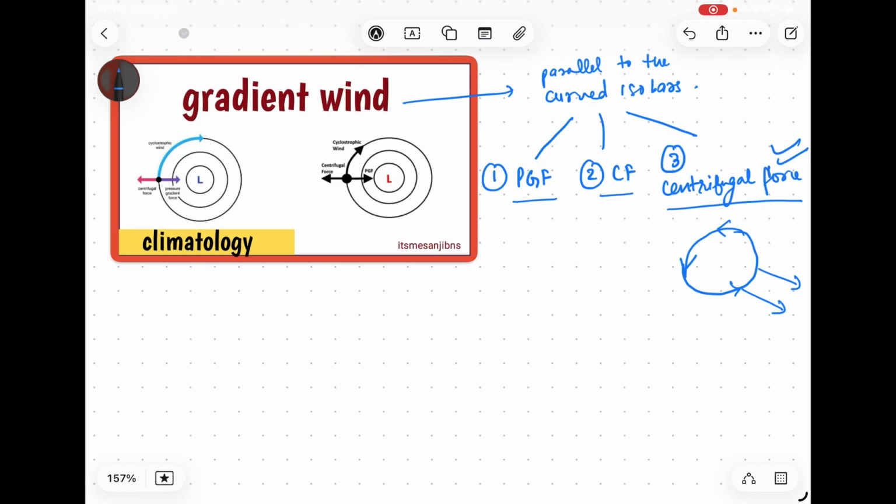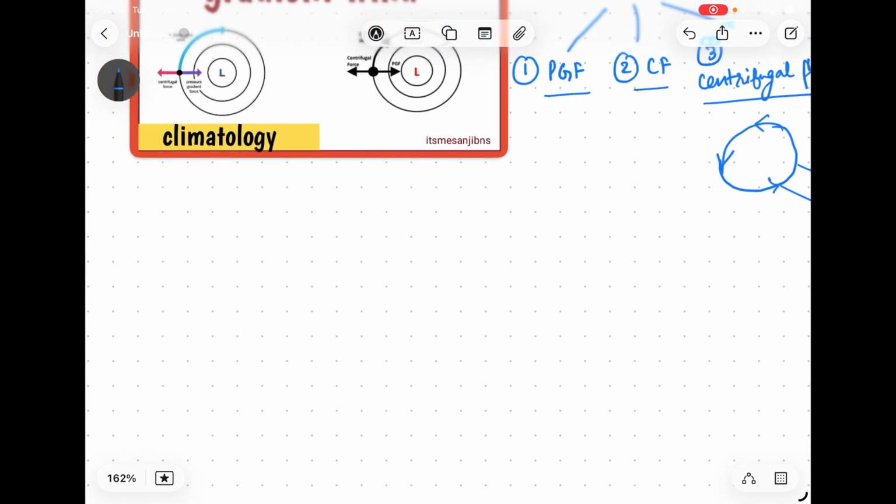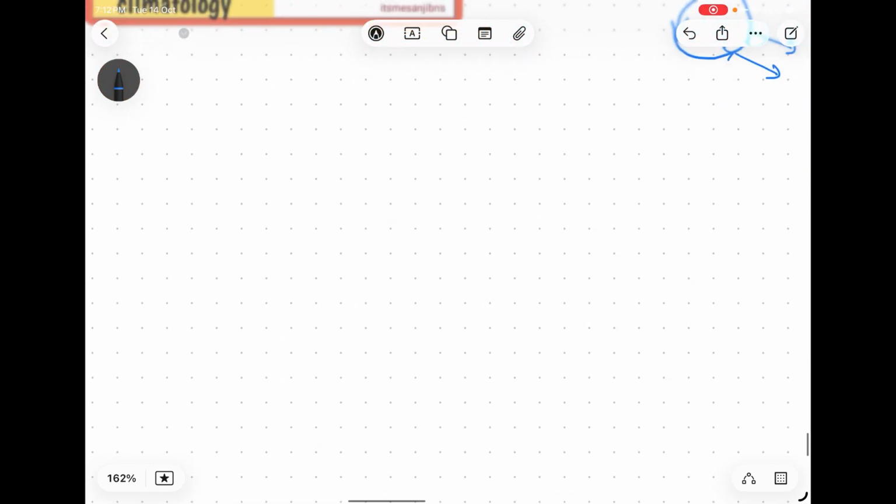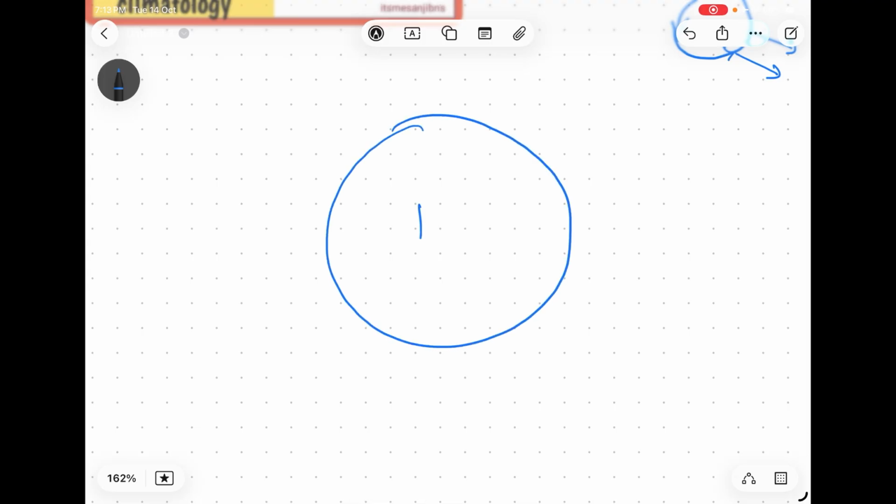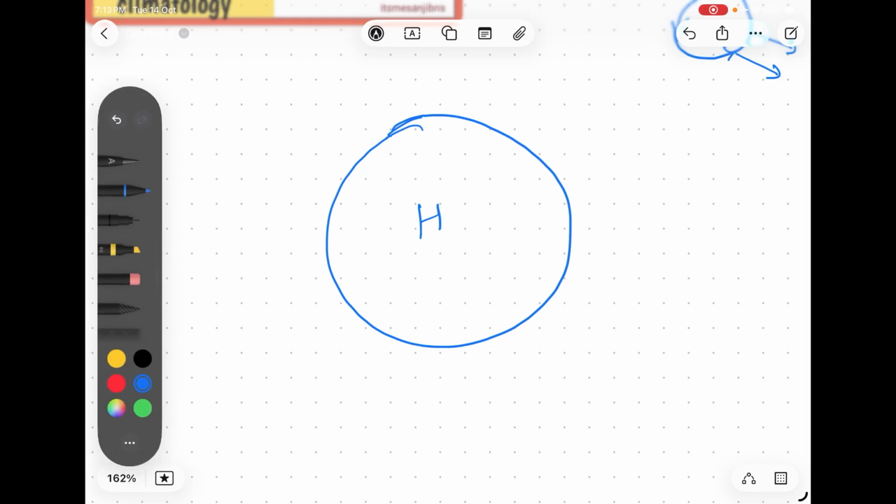So now due to addition of the third force, there is obviously an addition of the force on either one of the sides. So this diagram explains that, but before we go to the diagram, let me explain it to you. So let's consider this as a high pressure. So we know in the northern hemisphere, the Coriolis force, let me make it with a red color, pushes everything to the right, okay?